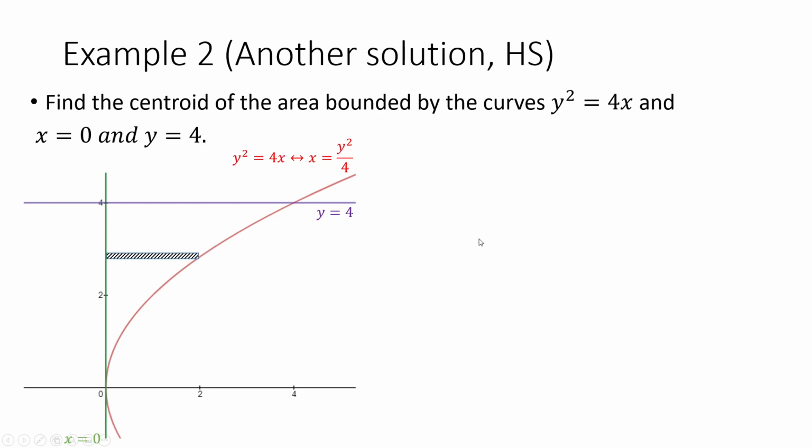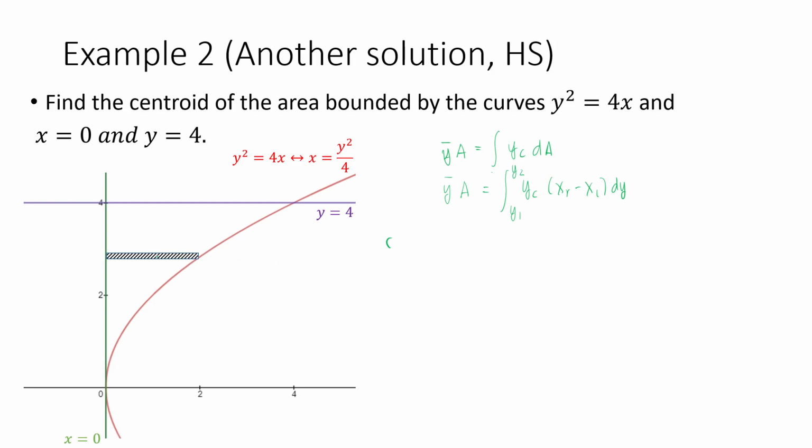Okay, so for bar y, now go to bar y. So this is now y sub c. Then bar y times the area, and using the strip, it's x right minus x left dy from y1 to y2.